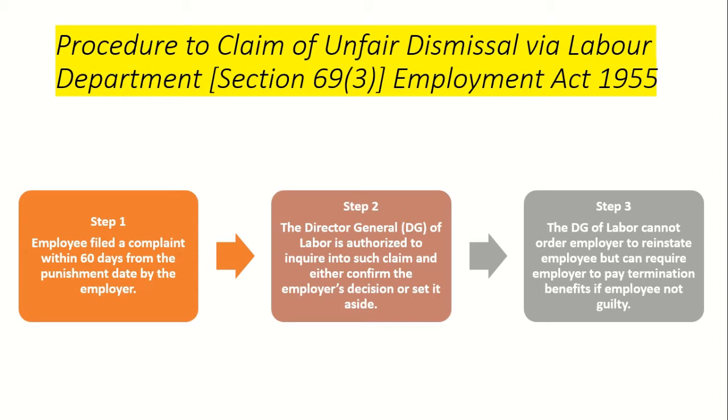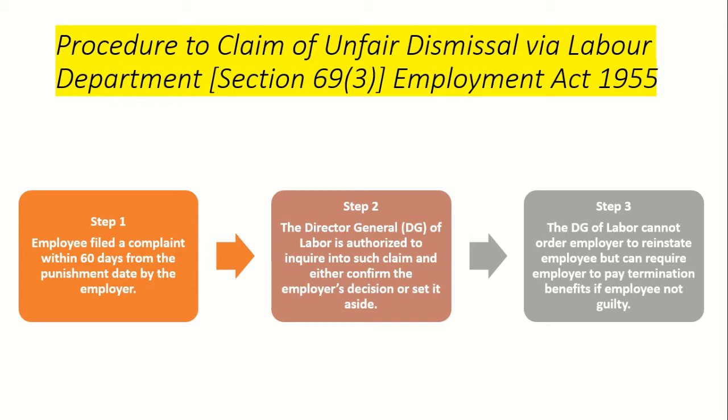Okay, so then step number 3, the DG of Labour cannot order employer to reinstate employee, but he can require employer to pay termination benefits if employee not guilty. So, jika employee tadi didapati tidak bersalah, so DG of Labour hanya akan minta majikan bayar termination benefits.